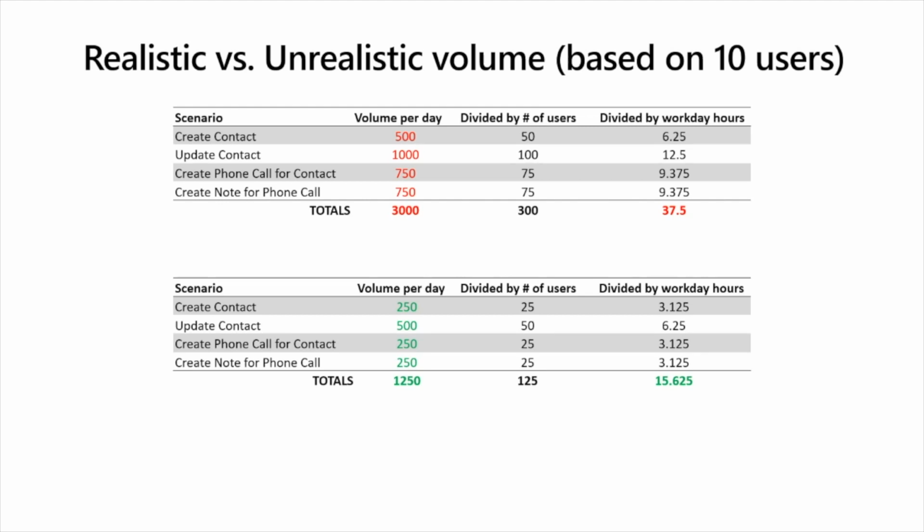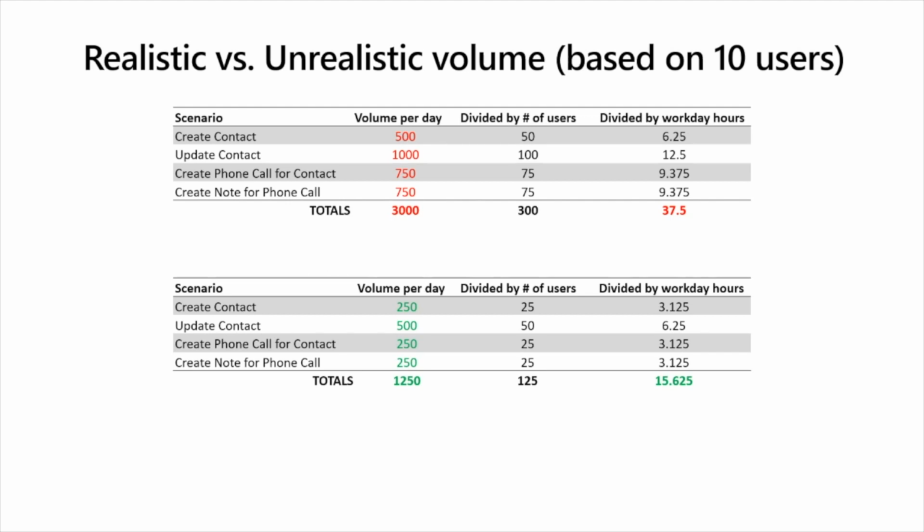The top table explains that a user is going to create 6.25 contacts in an hour, update 12.5 contacts in an hour, have 9.3 phone calls for those contacts in an hour, and for each of those phone calls, create a note. The bottom table describes significantly less amount of work.